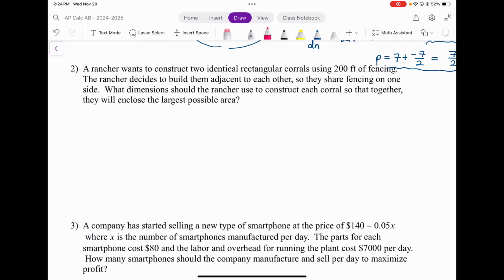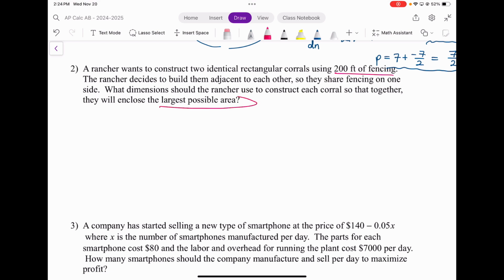A rancher wants to construct 2 identical rectangular corrals using 200 feet of fencing. The rancher decides to build them adjacent to each other, so that they share fencing on one side. What dimensions should the rancher use to construct each corral so that together they will enclose the largest possible area?